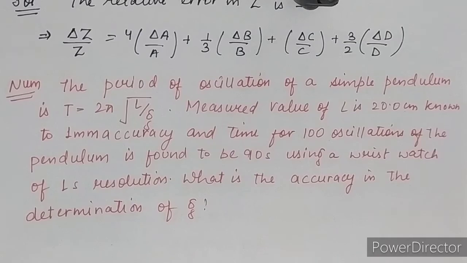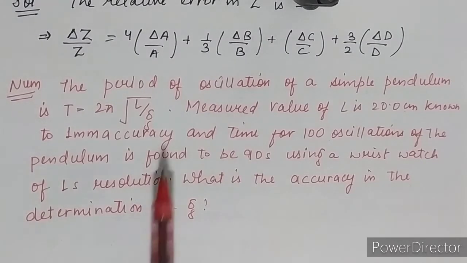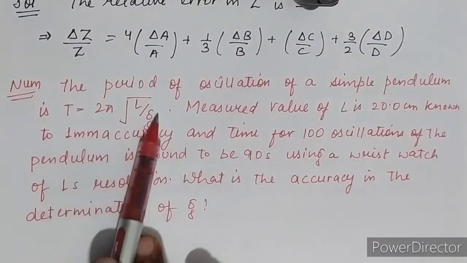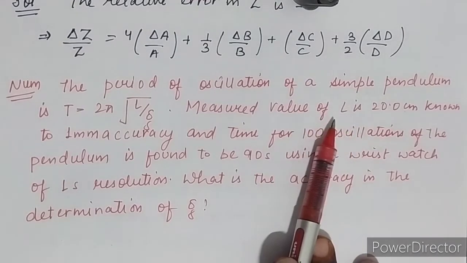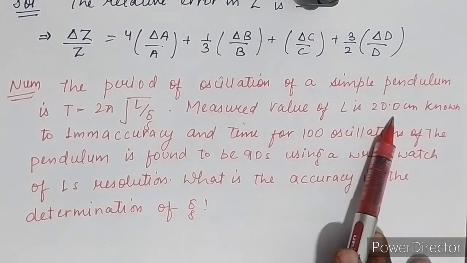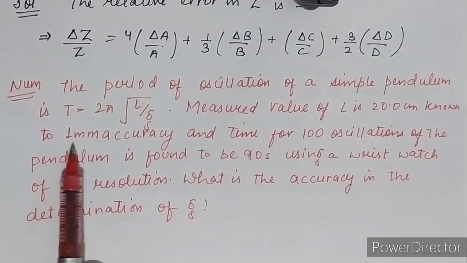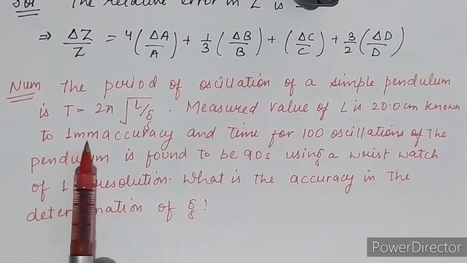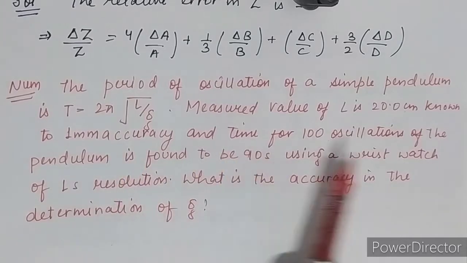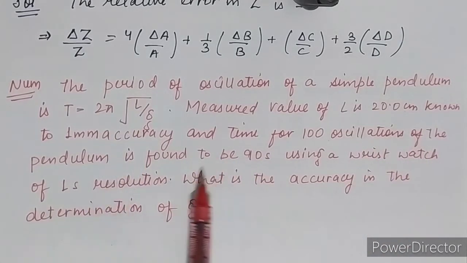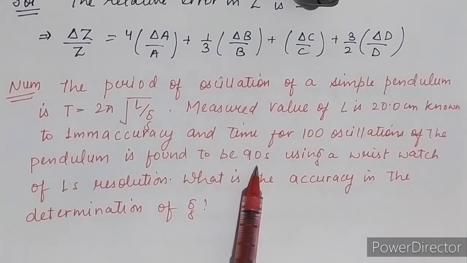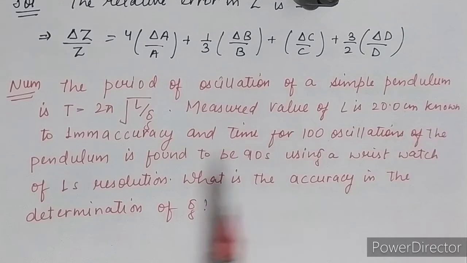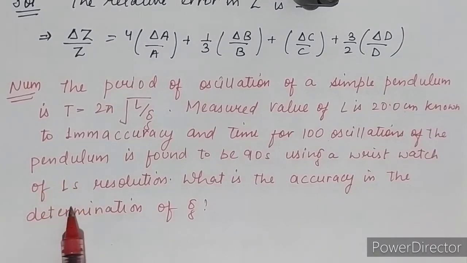So first of all we have to understand the concept of the question: there is a period of oscillation of a simple pendulum, and this formula has been given. For this, the length value given is 20. This is the measured value, beta, and the 1 millimeter is the error. Similarly, for the 100 oscillations, the time we have used is 90 seconds, the actual time, and for the wristwatch 1 second resolution, the error we have found is 1 second.